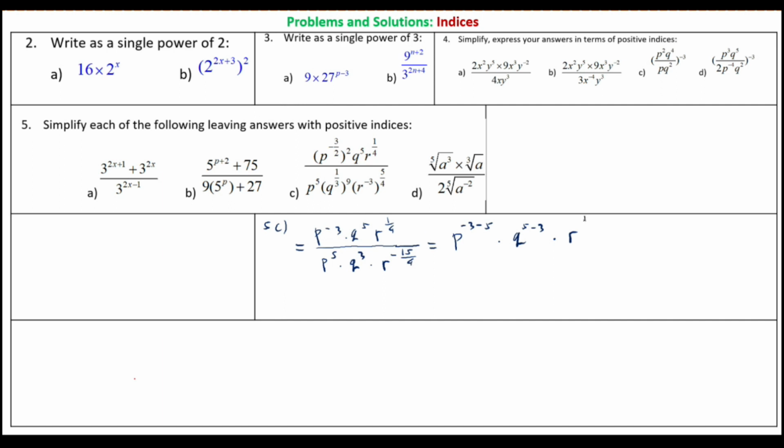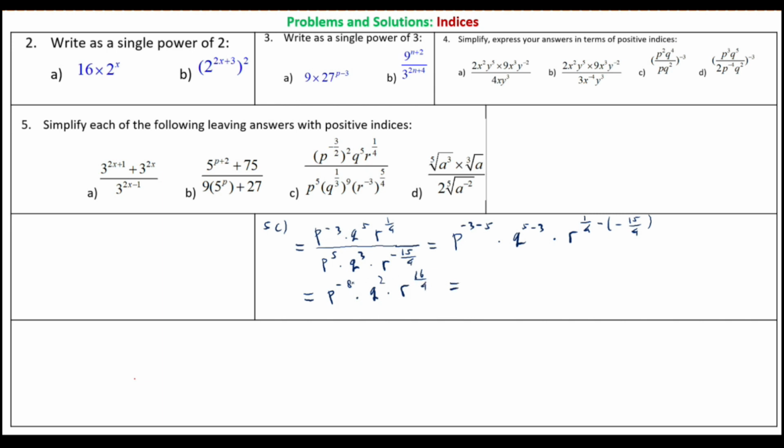So we've got 1 over 4 minus 15 over 4. And that equals p to the power of minus 8 times q to the power of 2 times r to the power of minus becomes plus 1 over 4 plus 15 over 4, 16 over 4.